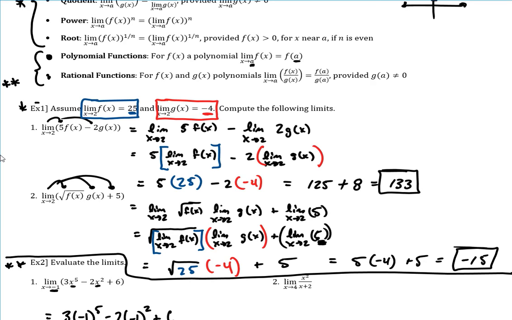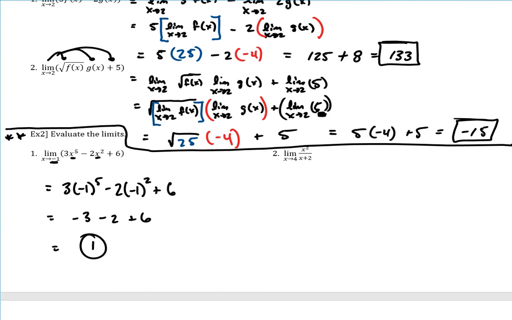And then it's the same deal with rational functions. As long as the denominator is not 0, we can just do the same thing that we just did. So on this, all I have to do is take this 4 and plug it into those x's that I see. So I have 4 squared over 4 plus 2. And I'm just putting the parentheses to show that I've subbed them in.